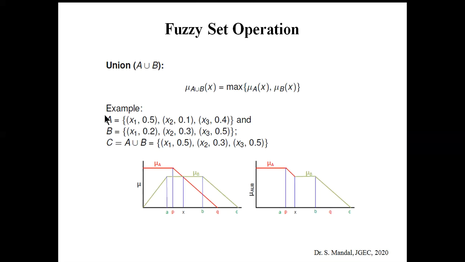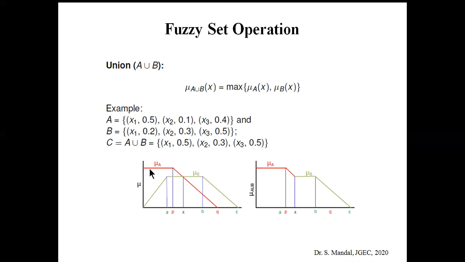So for this particular example, if C equals A union B, then for element x1, the corresponding value in A is 0.5, and for x1 of B the corresponding membership value is 0.2. So obviously the maximum of 0.5 and 0.2 is 0.5. Similarly, the maximum of 0.1 and 0.3 is 0.3. The maximum of 0.4 and 0.5 is 0.5. So C is the new fuzzy set, which is the union of the A and B fuzzy sets, and that can be expressed in this way.